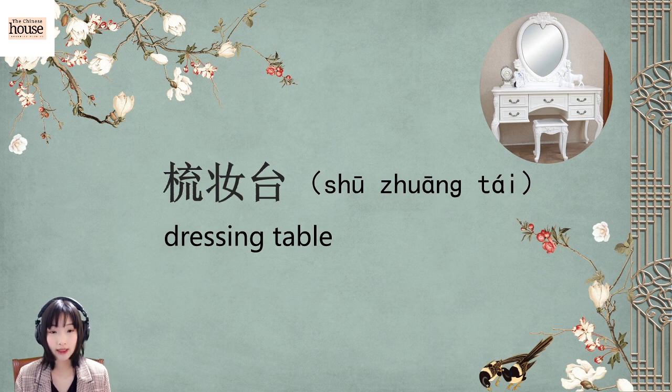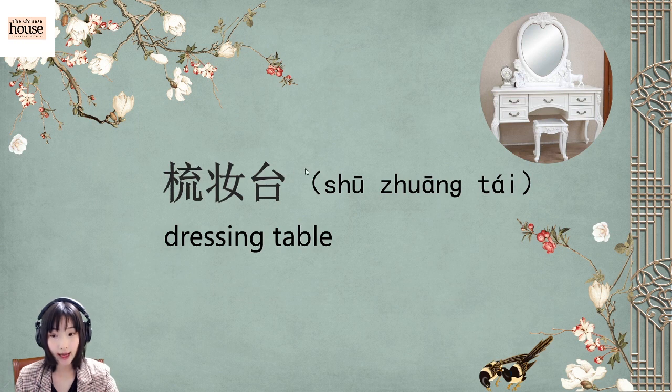So 梳妆台 is a place that you do makeup or things like that. 梳妆台, 梳 first tone, 妆 first tone, 台 second tone. Remember we have learned 台灯, lamp. The 台 is the same one.